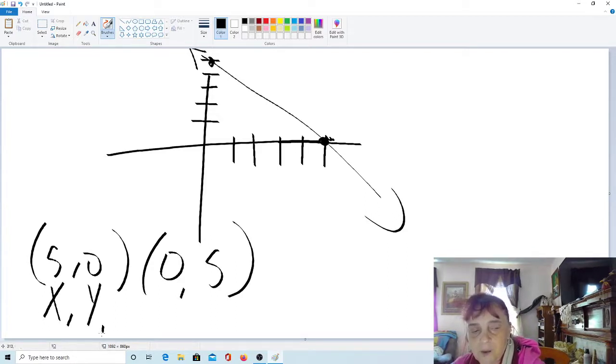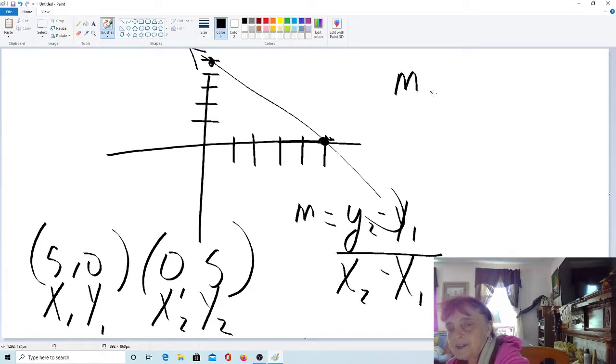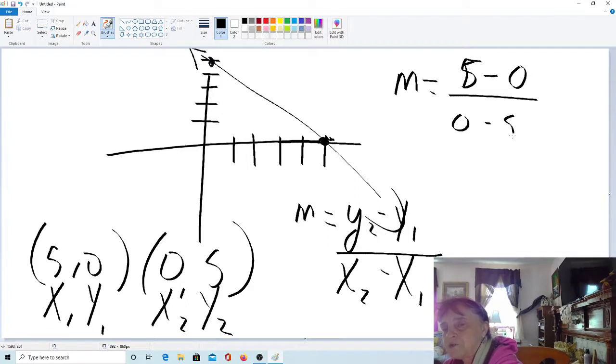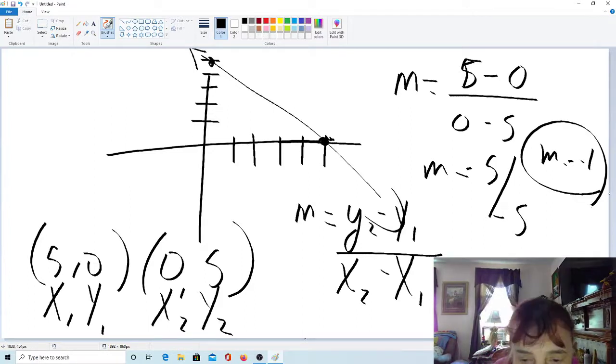With x1, y1, x2, y2, the slope is y2 minus y1 over x2 minus x1. So your slope is 5 minus 0 over 0 minus 5, which is 5 over negative 5. So m is negative 1. So if you're given that line, your slope is negative 1.